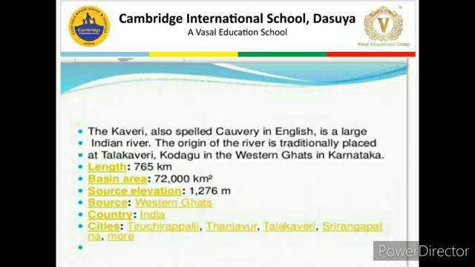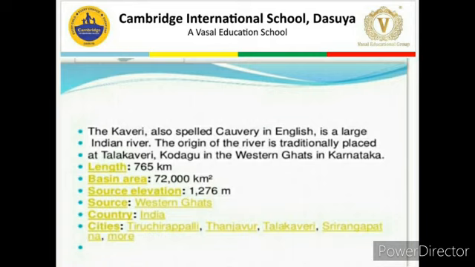The catchment area of the Kaveri river receives rainfall both from the southwest and the northeast monsoon winds. Thus, the Kaveri river carries enough water almost throughout the year.